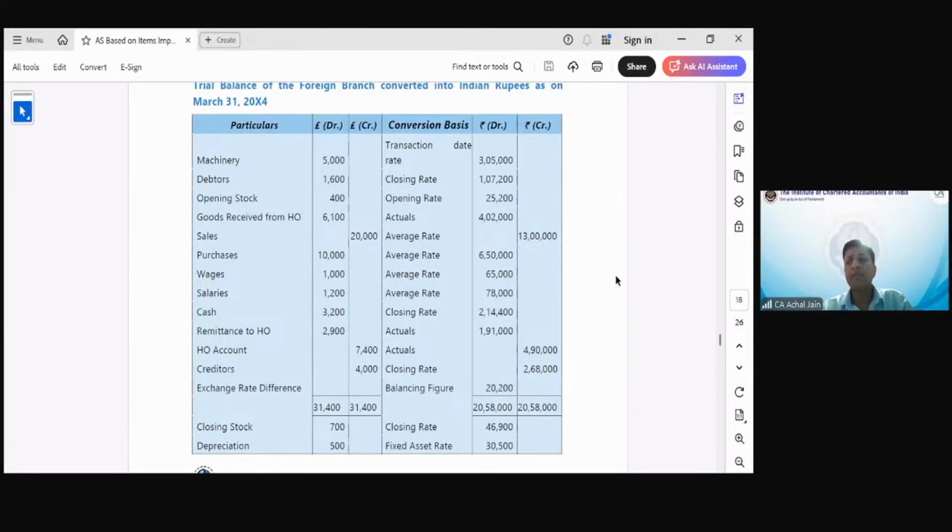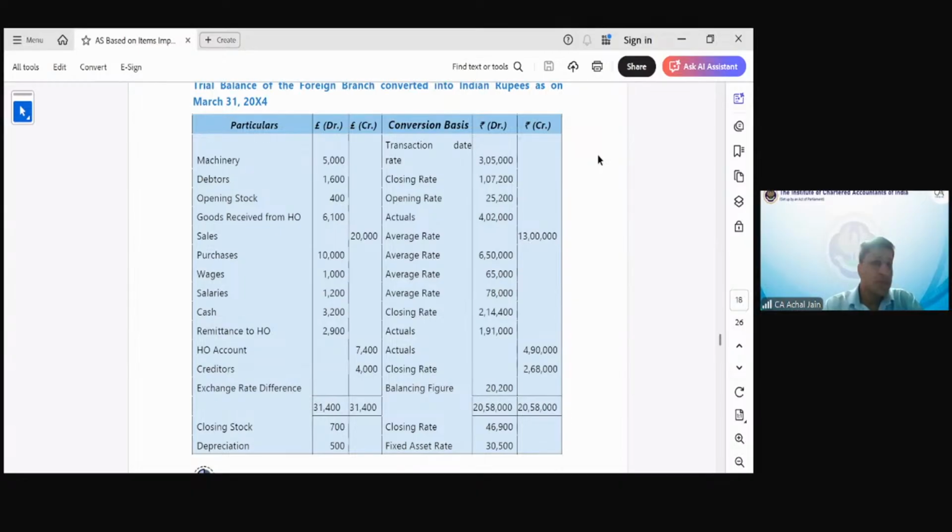Now, in respect of the machine that is purchased, you purchase the machine on 1st April X1, so you convert that using the transaction date rate. I'll come to why we are doing that.